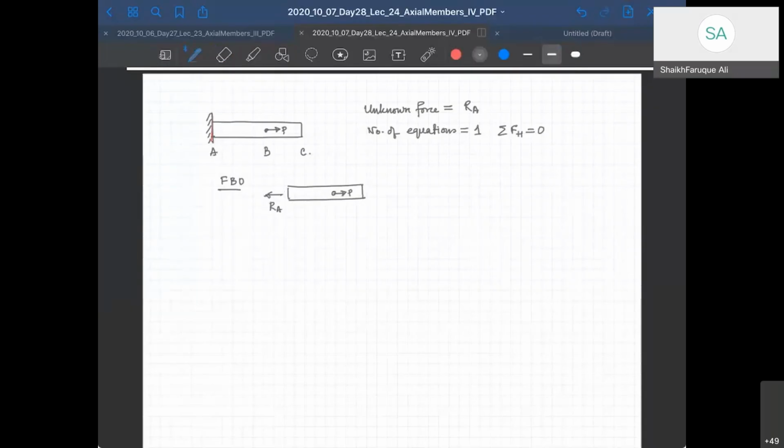So if that side is positive, then it has to be RA plus P equal to 0, which gives me RA equal to P. I have used only the equilibrium equation to solve this.